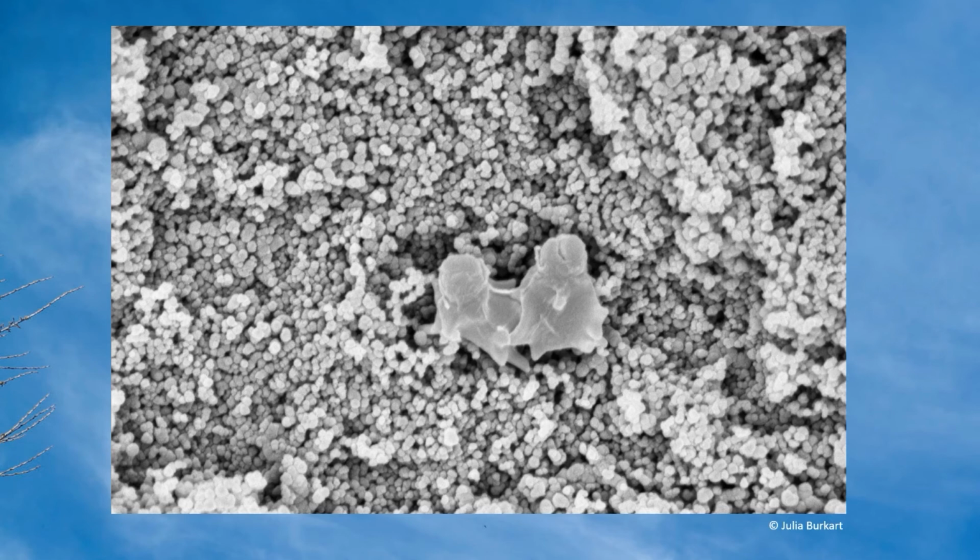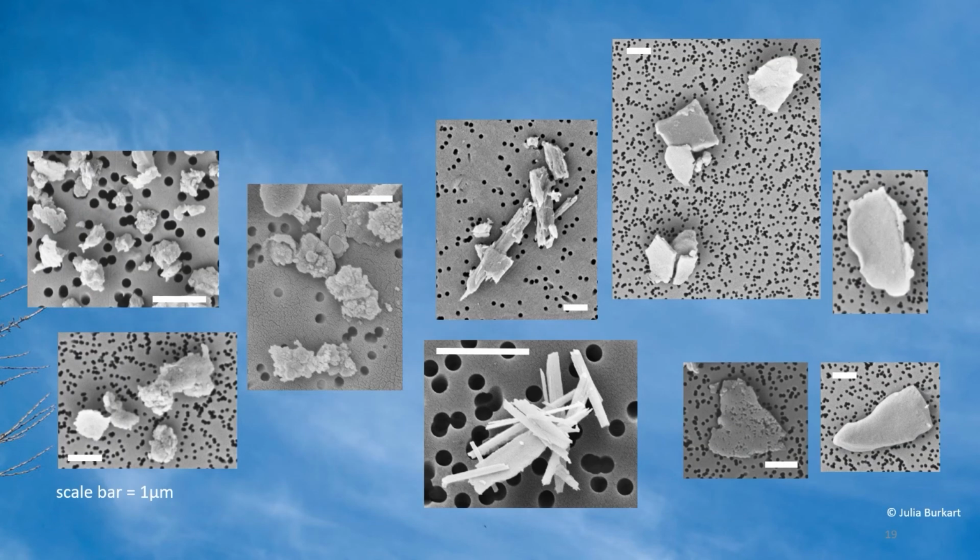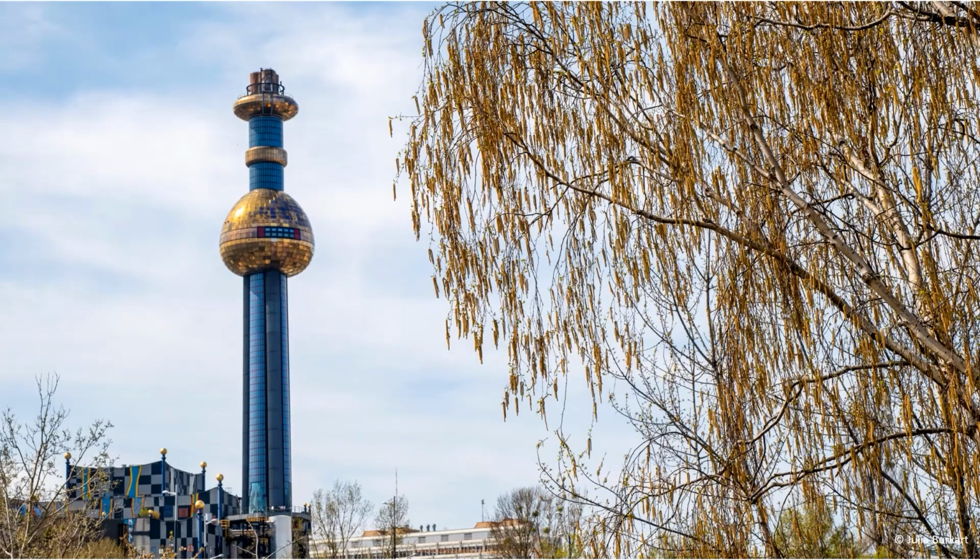Here you can see two pictures taken with the electron microscope that show soot particles. This is soot from fresh combustion that has these typical fractal structures. If we zoom onto these particles, we even find that these soot particles clearly have mixed with biological matter. This particle in the middle is plant-derived and is attached to this soot particle.